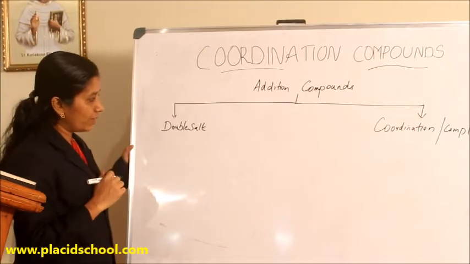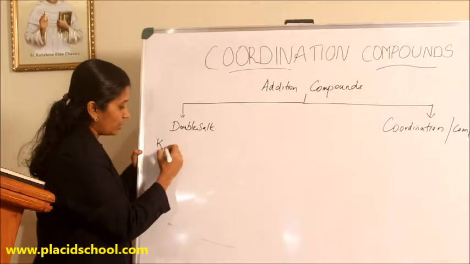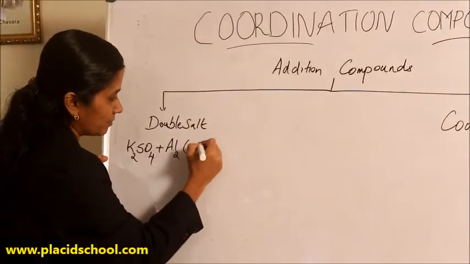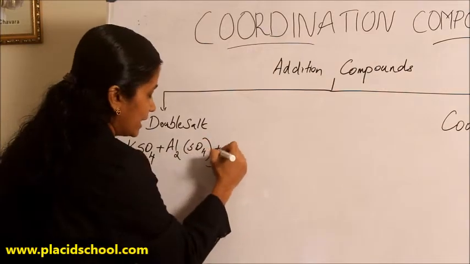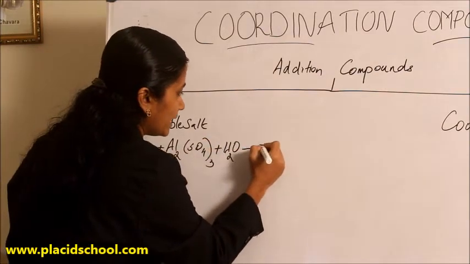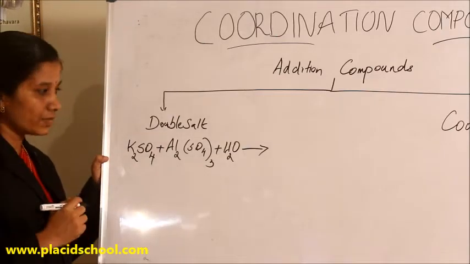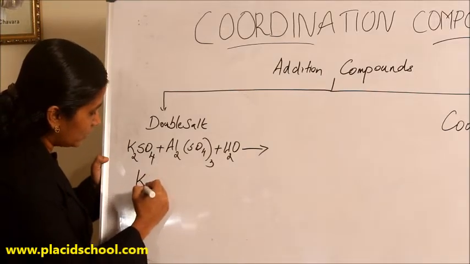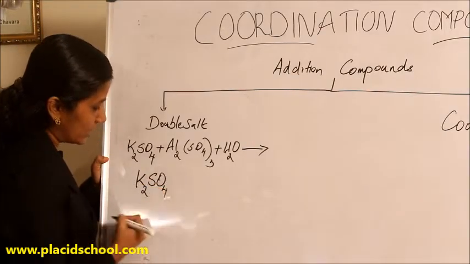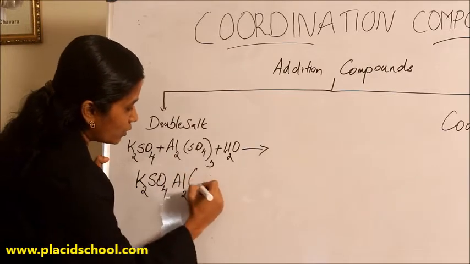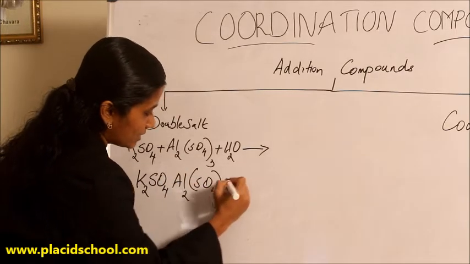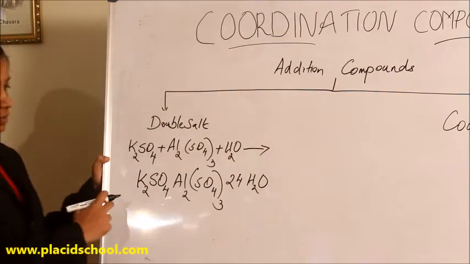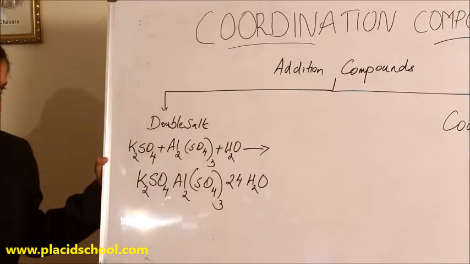In the first case, when saturated solution of potassium sulfate and aluminium sulfate are mixed and heated till crystallization point is reached, we get an important compound called potash alum of the formula K2SO4 Al2(SO4)3 24 H2O. So this potash alum is an example for double salt.